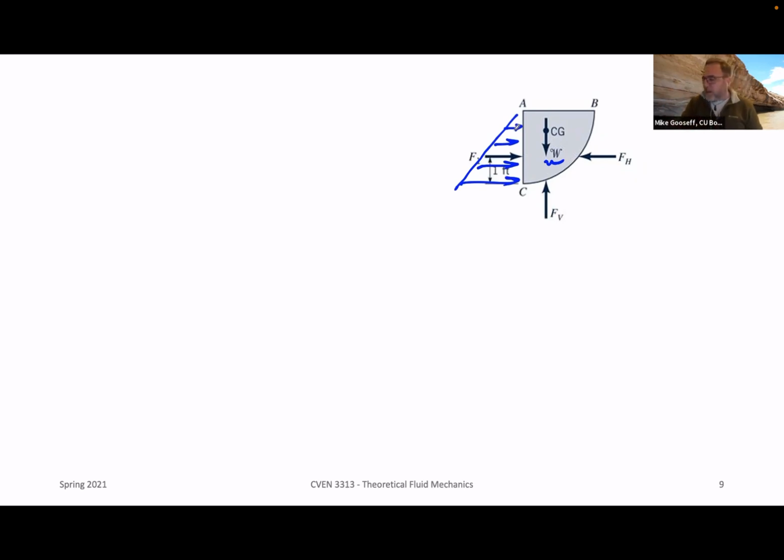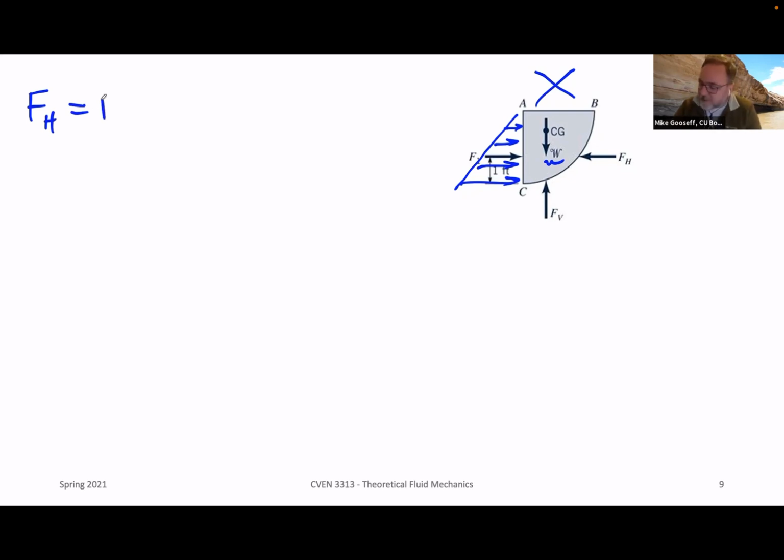One thing that's different about this problem is that we don't have any fluid above AB. So we don't have a pressure pushing down from above. What this means then is that the horizontal force that we need to use to keep this pipe in place is going to be equal to the vertical force. Am I right?